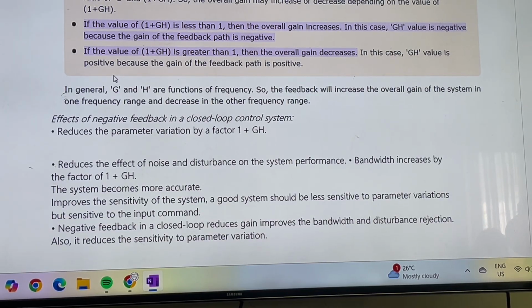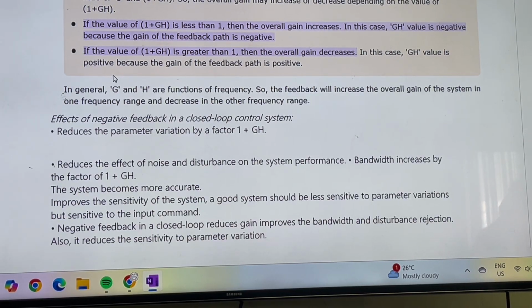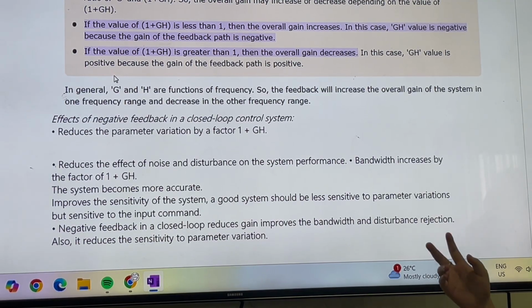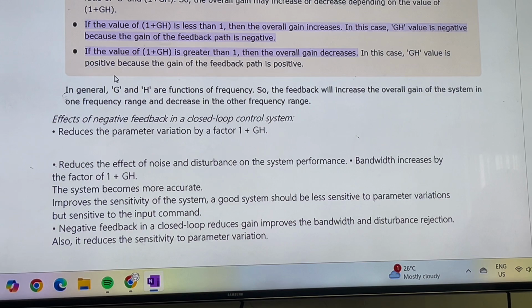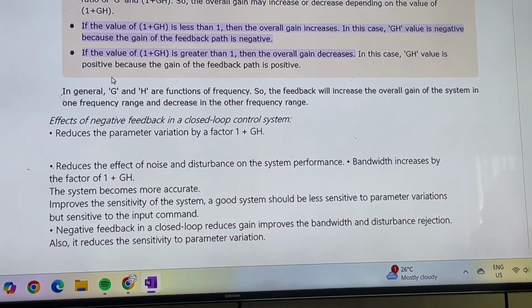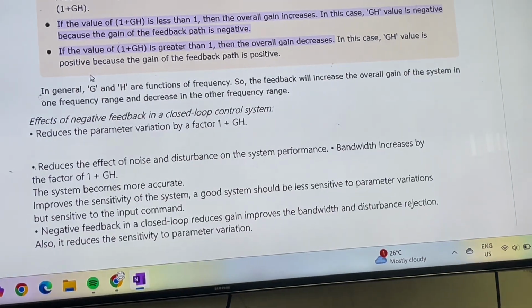A good system should be less sensitive to parameter variations but sensitive to the input command. Of course, it must be less sensitive to parameter variations. If ever naidagang vibrations, sumutaas ang inyuhang chances nga naay mga noise, unwanted signal.